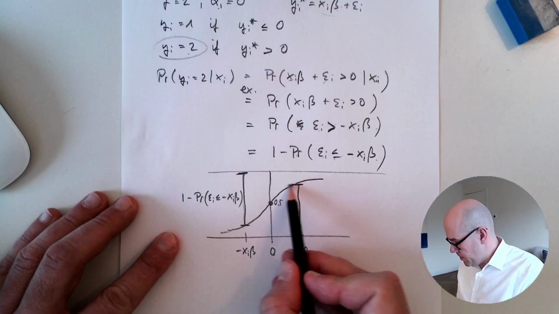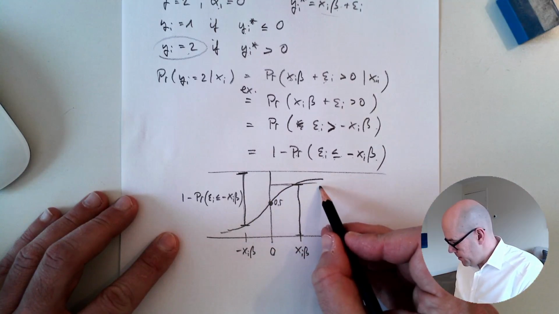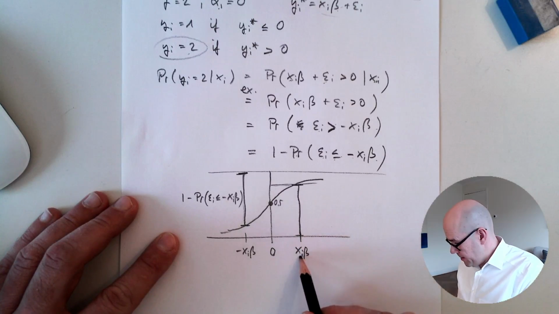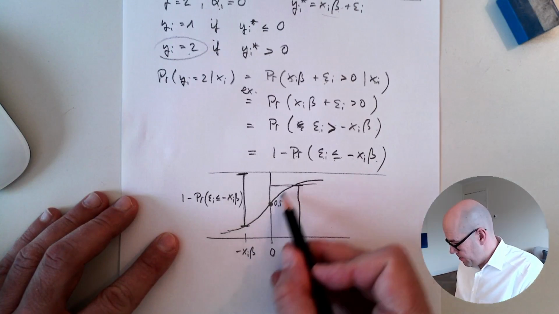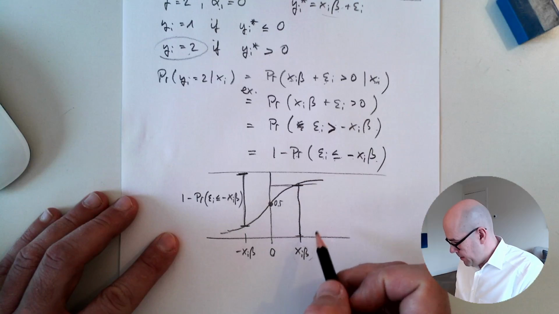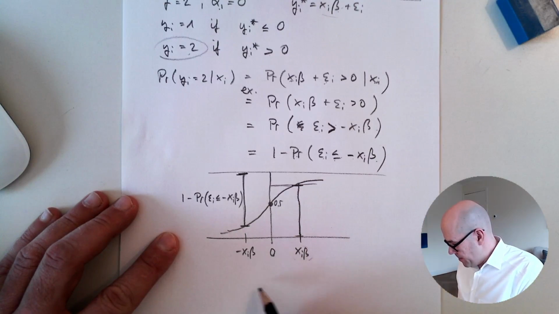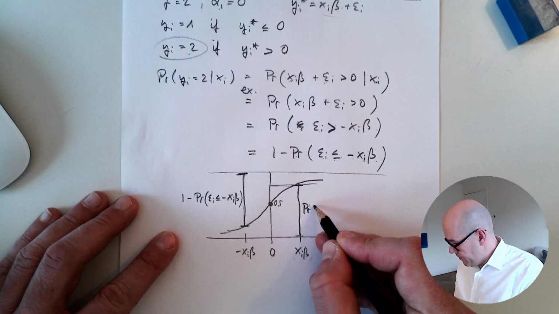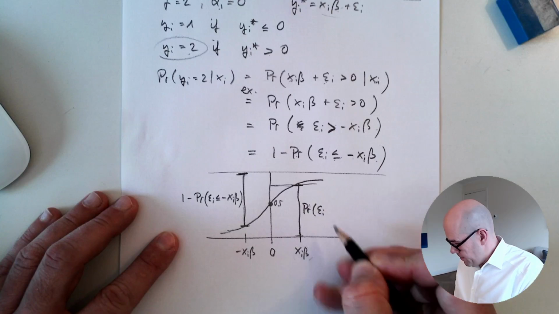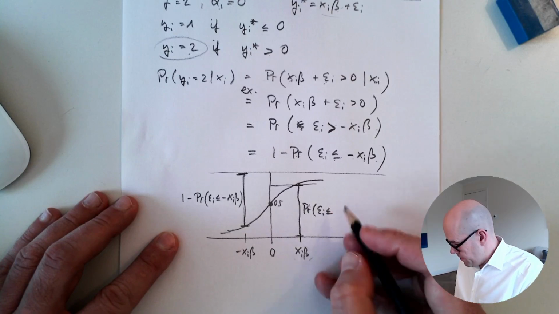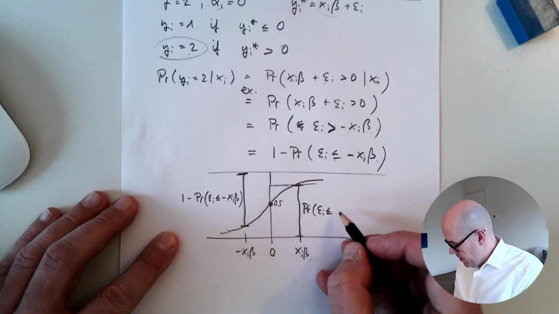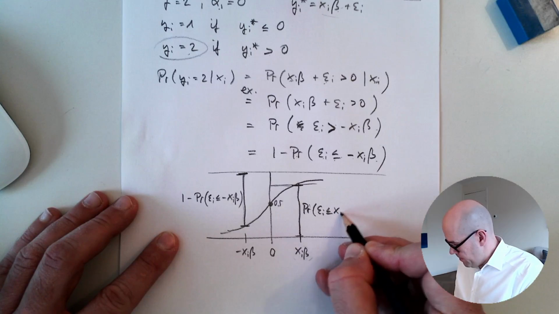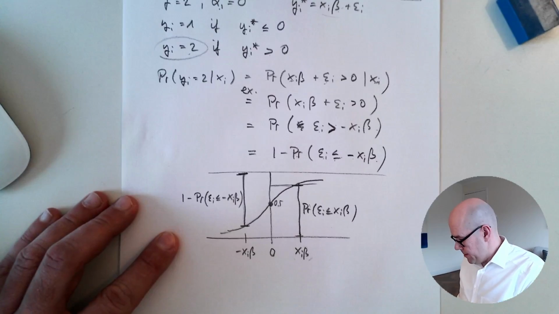And we know what this quantity is: the CDF of epsilon evaluated at xi beta. So let me write that down here. Like this.